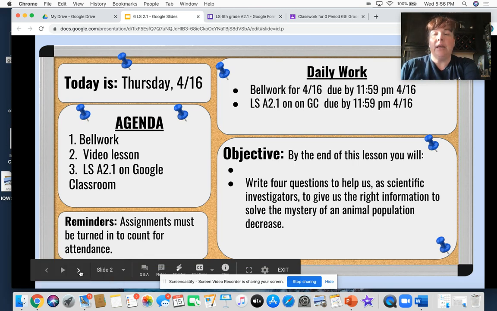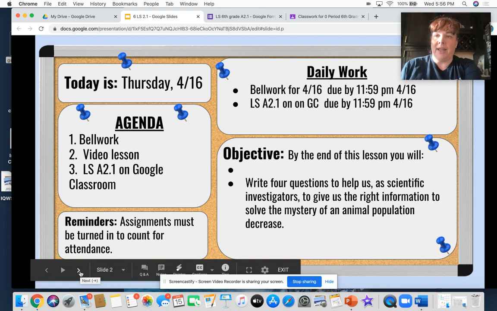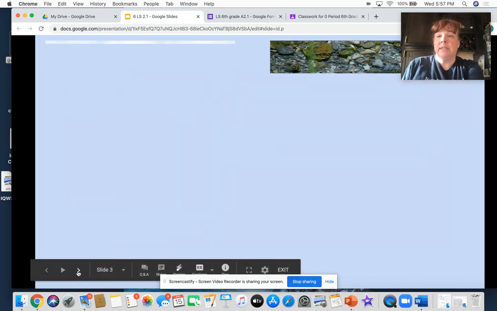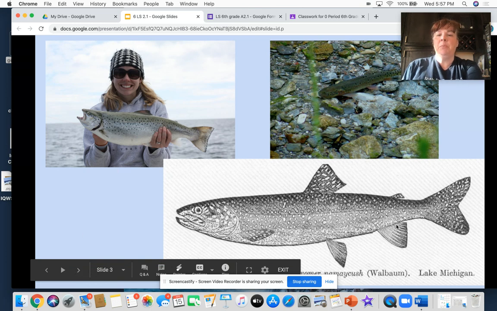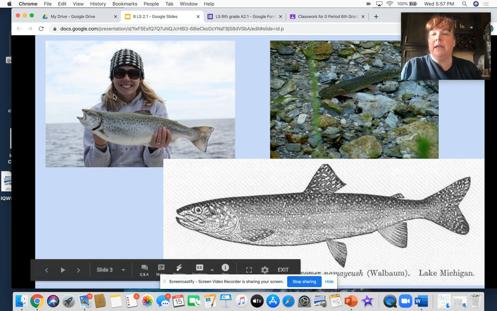Today we are going to look at another mystery, and tomorrow we're going to look at 3. Today we're going to be practicing writing the questions that investigators need, and then tomorrow we're going to use that skill again. So this is a picture of a lake trout. They're a pretty big fish. They can get anywhere from small to huge.